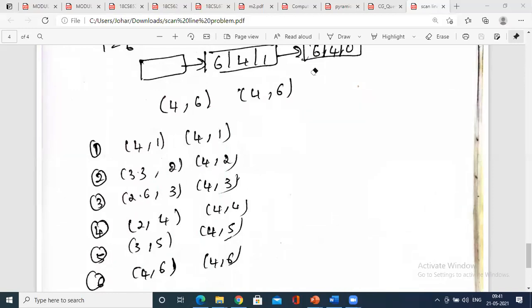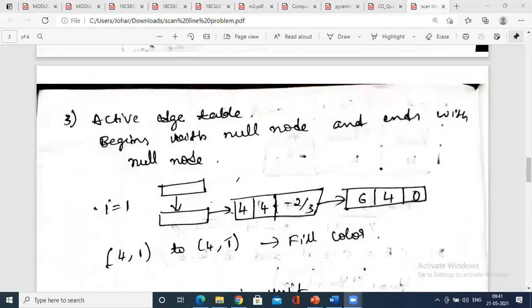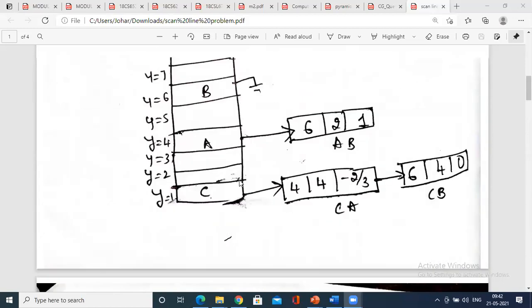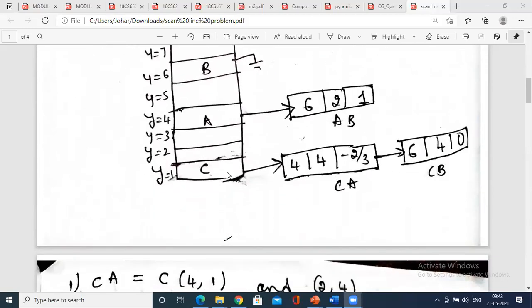Okay, so what we are going to do now, let us consider this active edge table. The active edge table always begins with a null node, because nothing is there, and it ends with a null node. So I'll take this null node. See, it ends with a null node, 6 is a null node, and it starts with a null node.